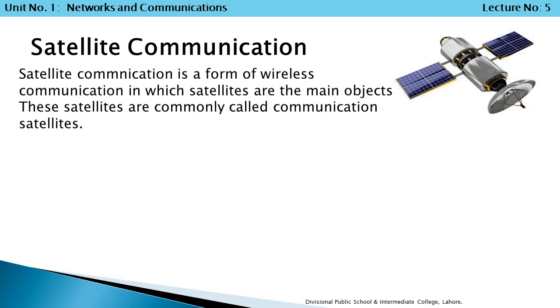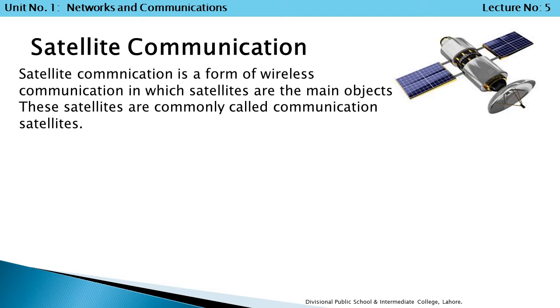Satellite communication is a form of wireless communication in which satellites are the main object. These satellites are commonly called communication satellites. They facilitate communication such as radio, television, and telephone transmission by means of the reflection of signals between stations on Earth or in space.